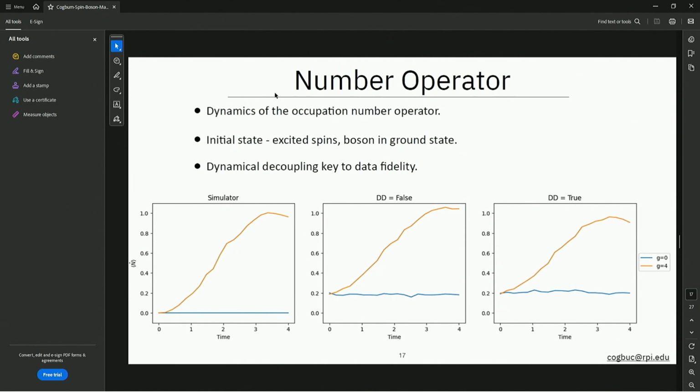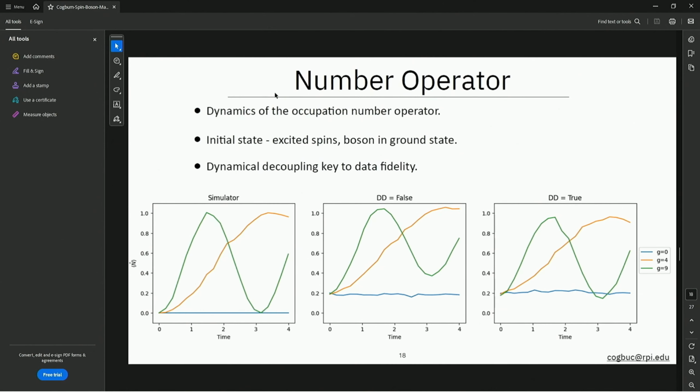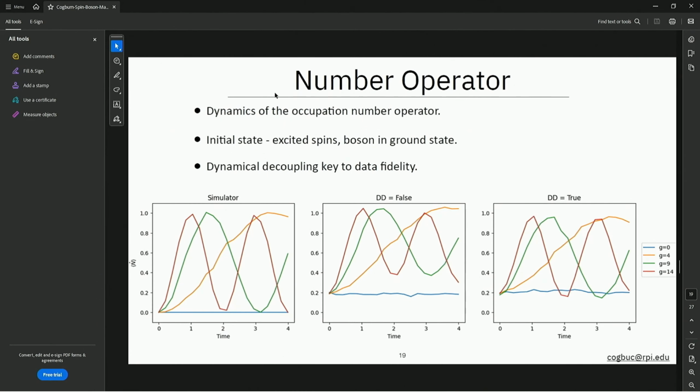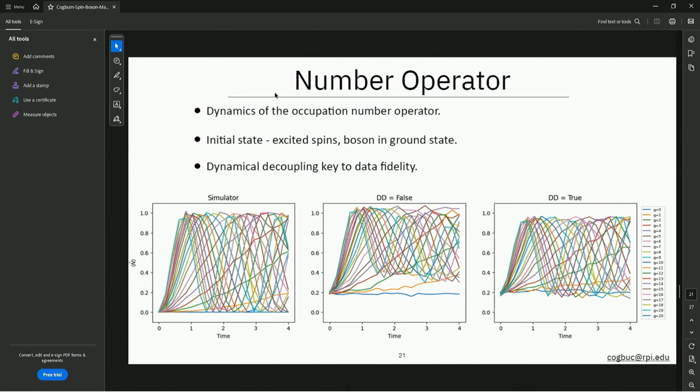Interestingly, as we really crank up the coupling, we see at first that if we do not have dynamical decoupling on, we start to see some corruption of the data. We expect the oscillation to come fully back up and down, but it doesn't. And as we crank it up more and more, we see more of this corruption. I don't want to harp too much on this. It's just an interesting thing that we noticed.